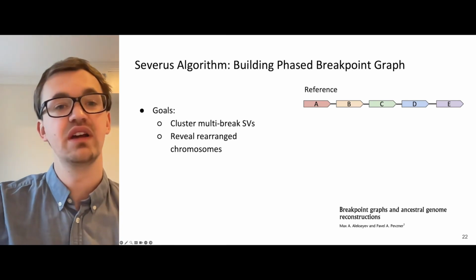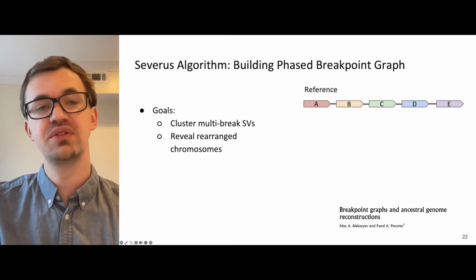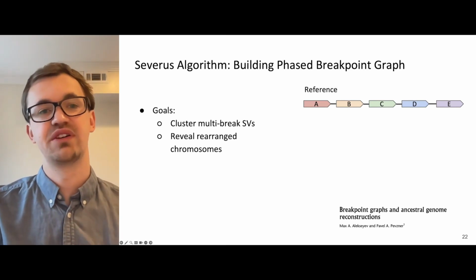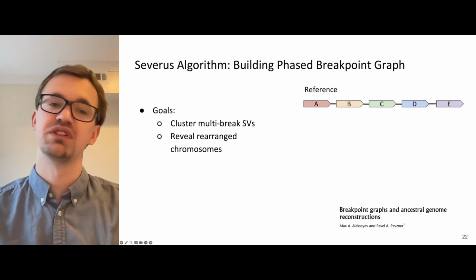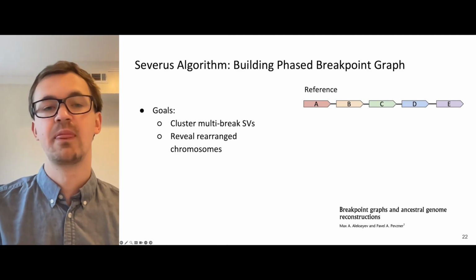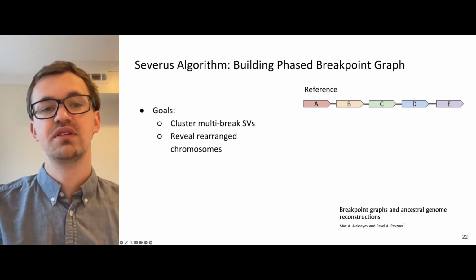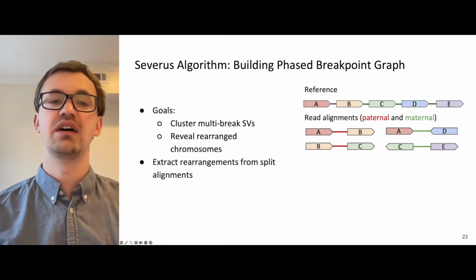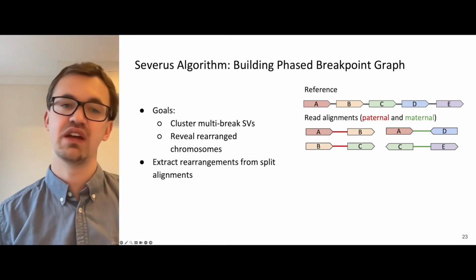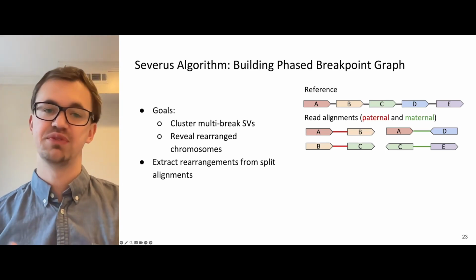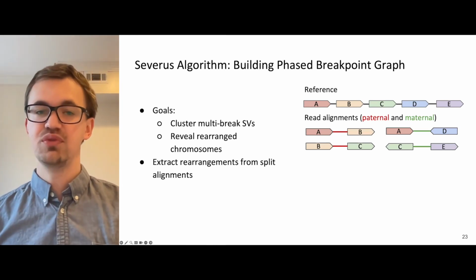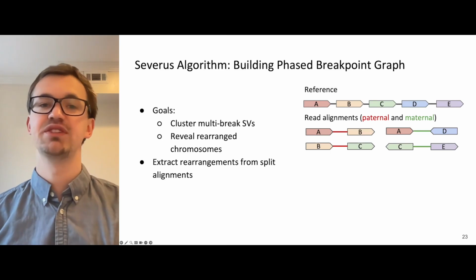So very briefly, as you can see in a schematic representation on the right, you can think about these blocks as maybe genes. And we next extract the alignment information from reads. Some reads will align in full, some reads will have split alignments, multiple alignments.